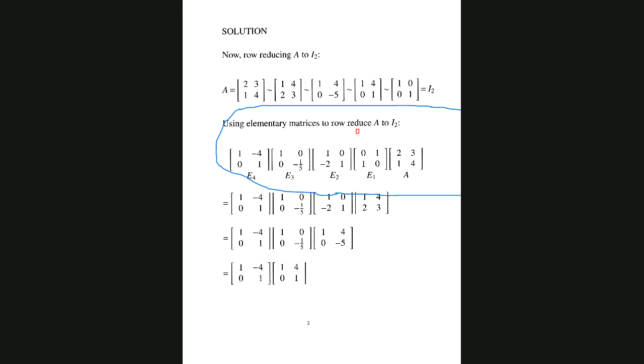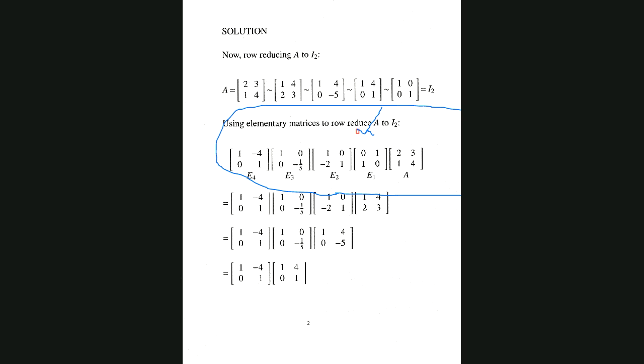Okay, when we did our row operations, what was the effect of the first step? We swapped rows, that's right. So if I multiply the matrix A, 2, 3, 1, 4, by the elementary matrix 0, 1, 1, 0, that's going to produce a row swap.